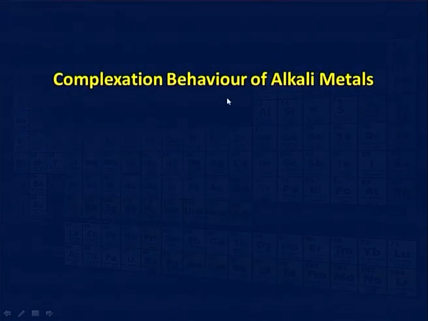Now, the complexation behavior of alkali metals. For complexation behavior, we need appropriate orbitals to accept the pair of electrons from ligands, and the d block elements do have them, and they are empty and of appropriate energy, whereas in case of alkali metals they are not appropriate in energy to accept the lone pair of electrons from these ligands.